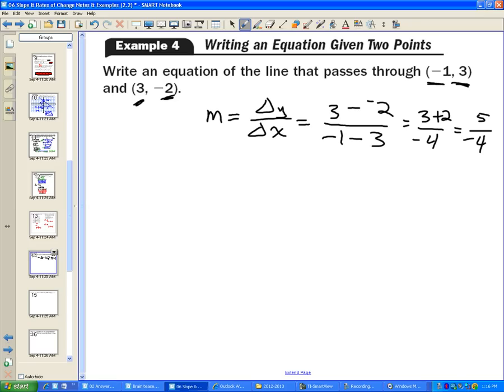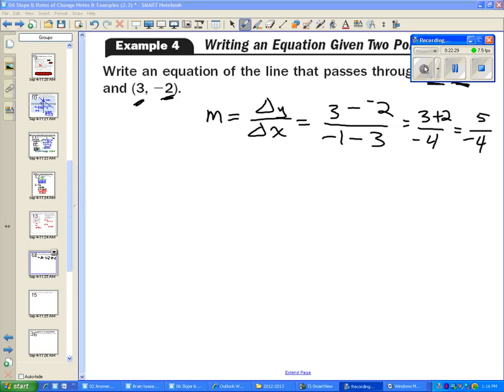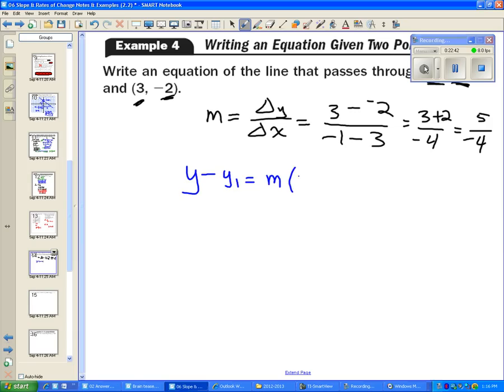So I have a slope of negative 5/4. I'm going to plug this into point-slope form. y minus y1 is equal to m times x minus x1.